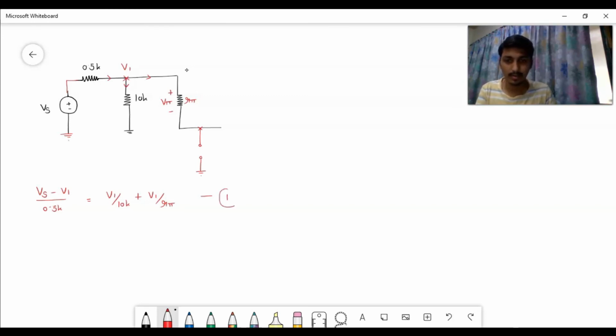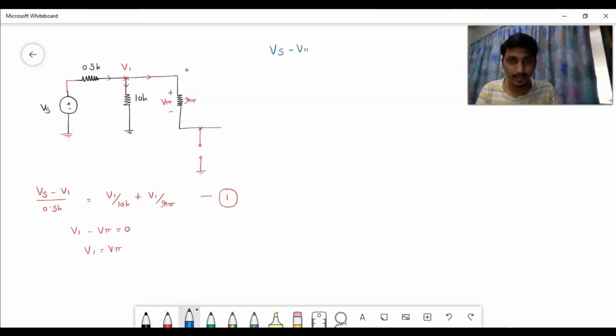So this is equation number 1. But you can see here V1 is V pi, and this is grounded. So V1 minus V pi equals 0. So V1 is nothing but your V pi here.